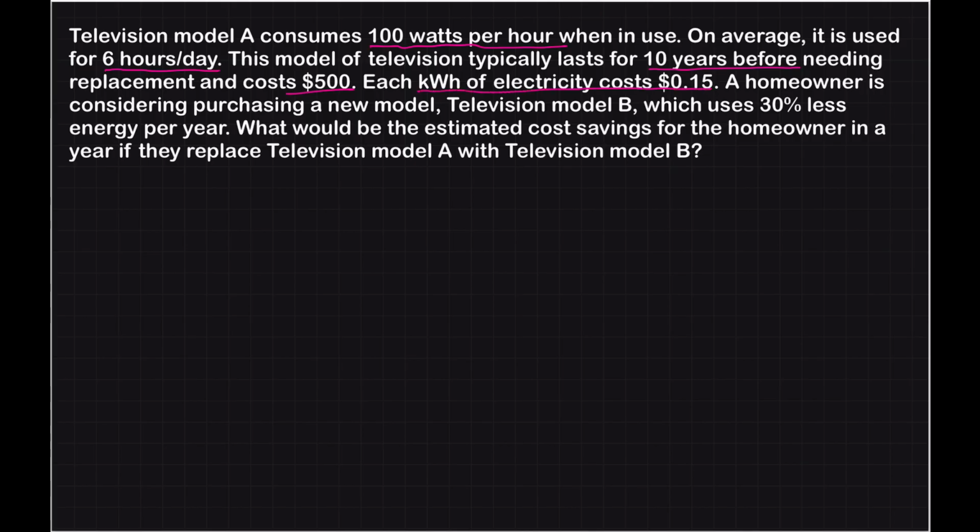So we're getting a lot of numbers here. We'll move them to where we want them once we finish underlining everything. Then a homeowner is considering purchasing a new model, Model B, which uses 30% less energy per year. We want to know the yearly energy savings between television A and B. The things that are the same, regardless of which TV we use, are how much they watch TV, which is 6 hours a day, and the cost of electricity.